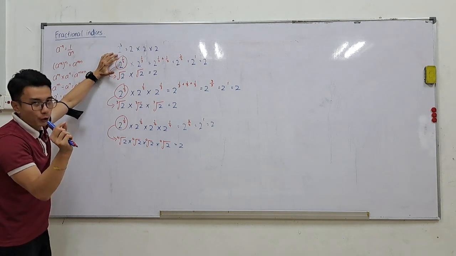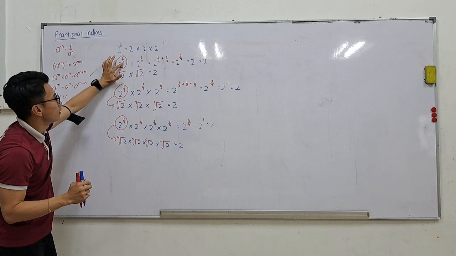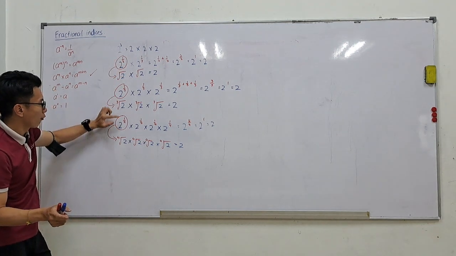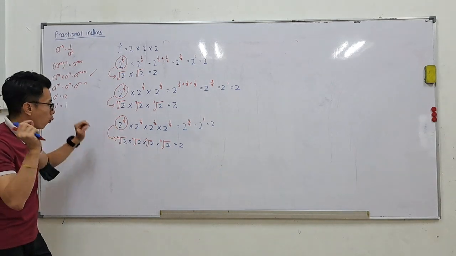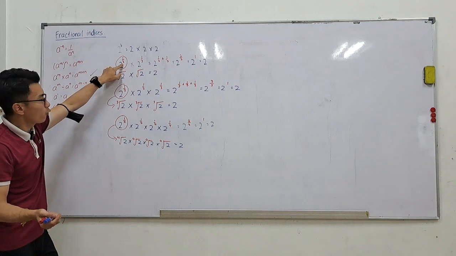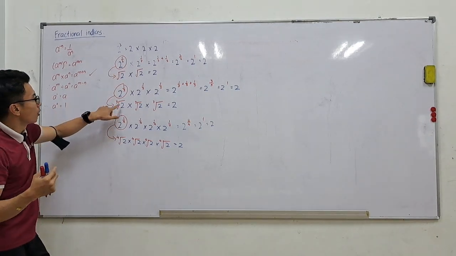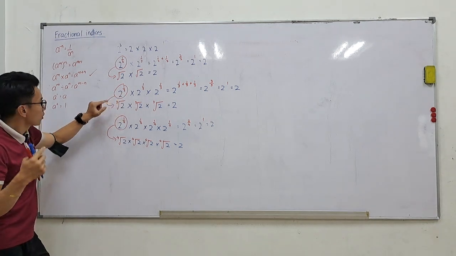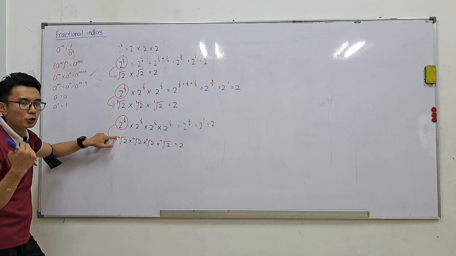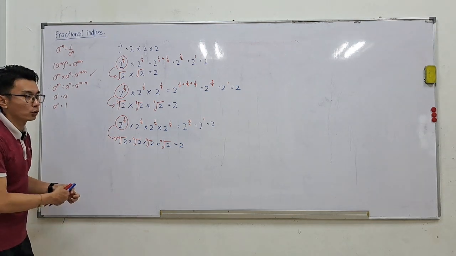When you look at fractional indexes, this is the key thing you need to see: look at the denominator of the fraction. The denominator tells you what the root is. Over 2 means square root, over 3 means cube root, and over 4 means the 4th root. This is true for any other number too. It can be the 5th root, 6th root, and so on.